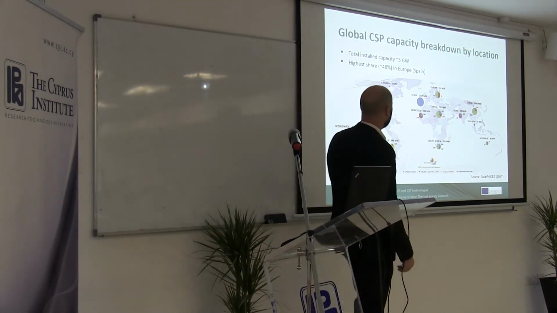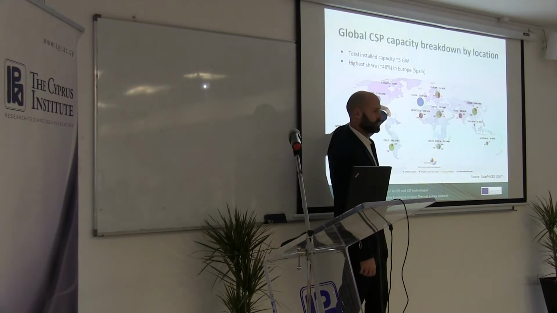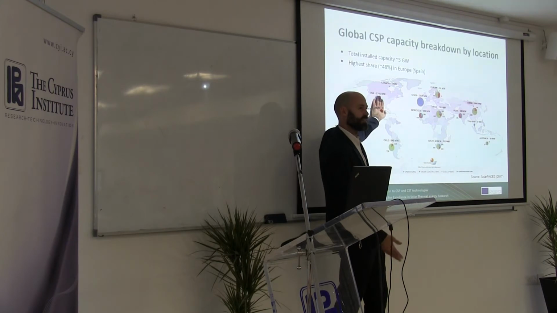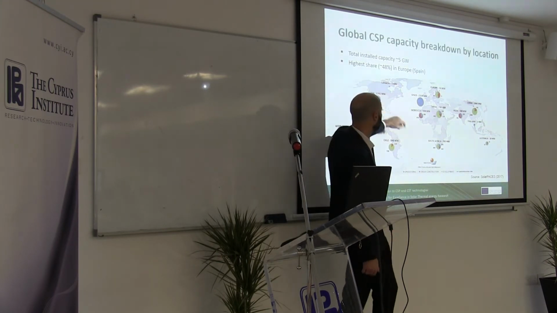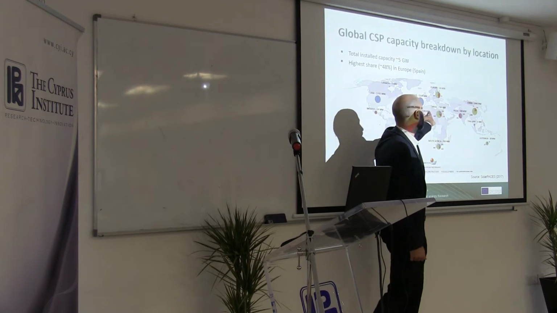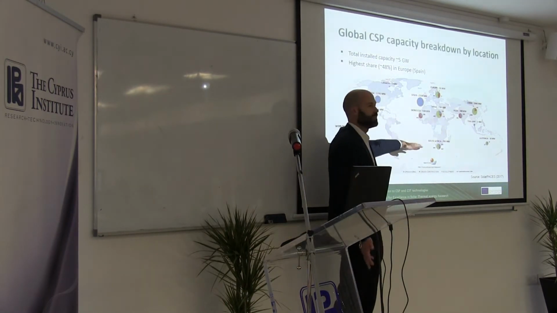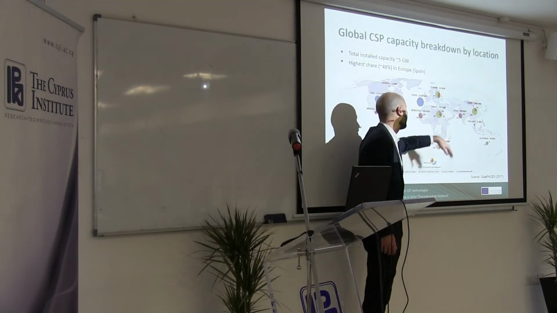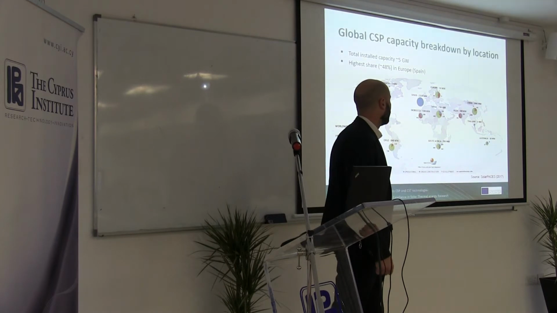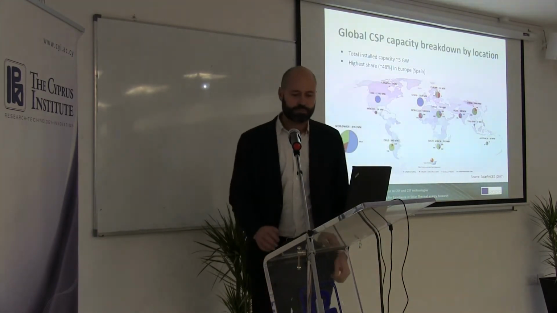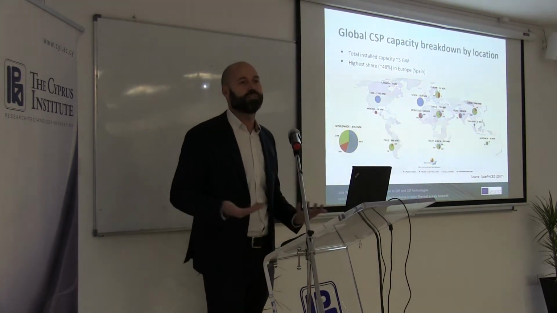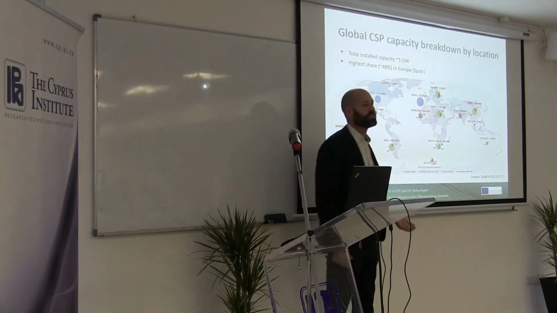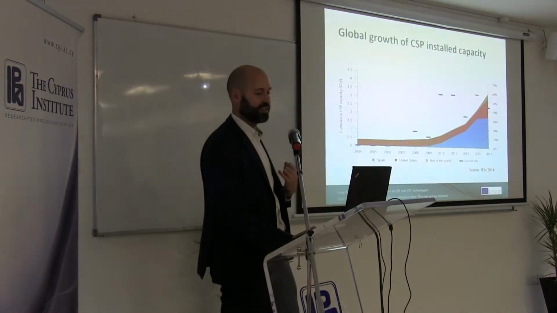Then we have also the United States, of course, where the first commercial plant was built, starting from the mid 80s. And very important now, the emerging markets, not any longer emerging, but actual markets in Morocco, in the ENEA region, and China, which is now becoming a very important player in this market. Also South Africa, which are all regions that you can see match the map of the ENEA that we have seen before.